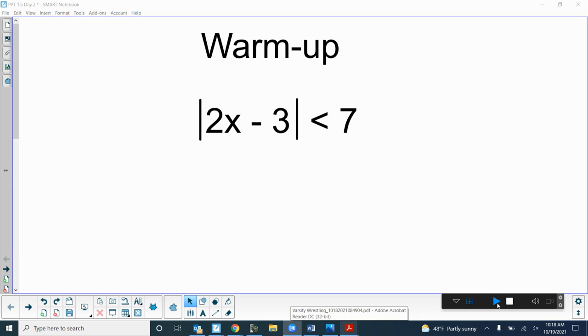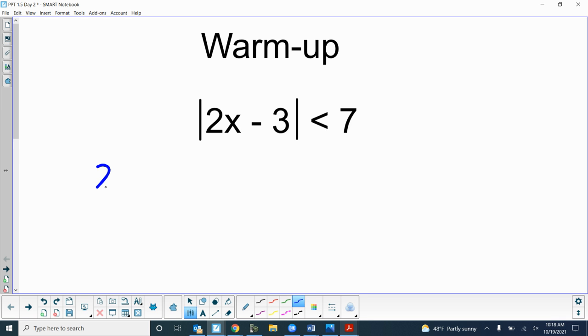All right, so how do I start this warm-up problem? Drop that absolute value sign. Come on, where's my pen? There we go. Anything else? Christian?